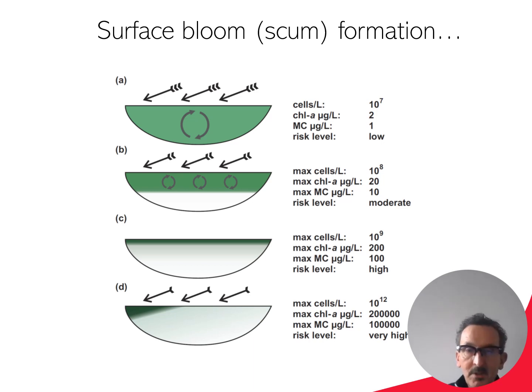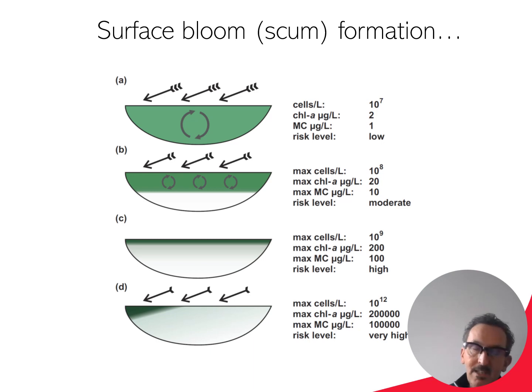Planktothrix a lot slower. The number of cells goes up because now you're concentrating in a near surface mixed layer. The cells go up, therefore microcystin concentration goes up, in this case maybe 10, and the risk level goes up to moderate. If they continue to float up, so it stays calm, the scum at the surface just gets thicker, maybe 10 to the 9th cells per liter. Microcystin maybe up to 100, risk level is high.